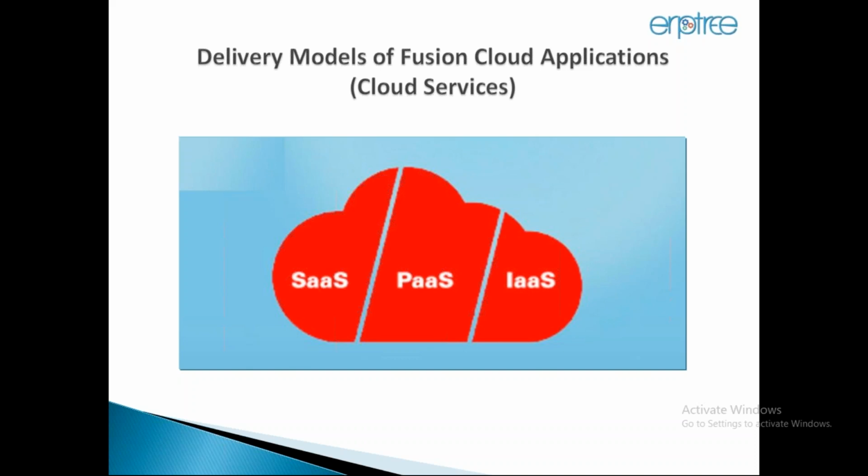You only pay when you use that particular space, based on the workload you're going to have at some time of the year or based on your requirement. That is how you can expand your storage or any other capabilities of your application infrastructure.